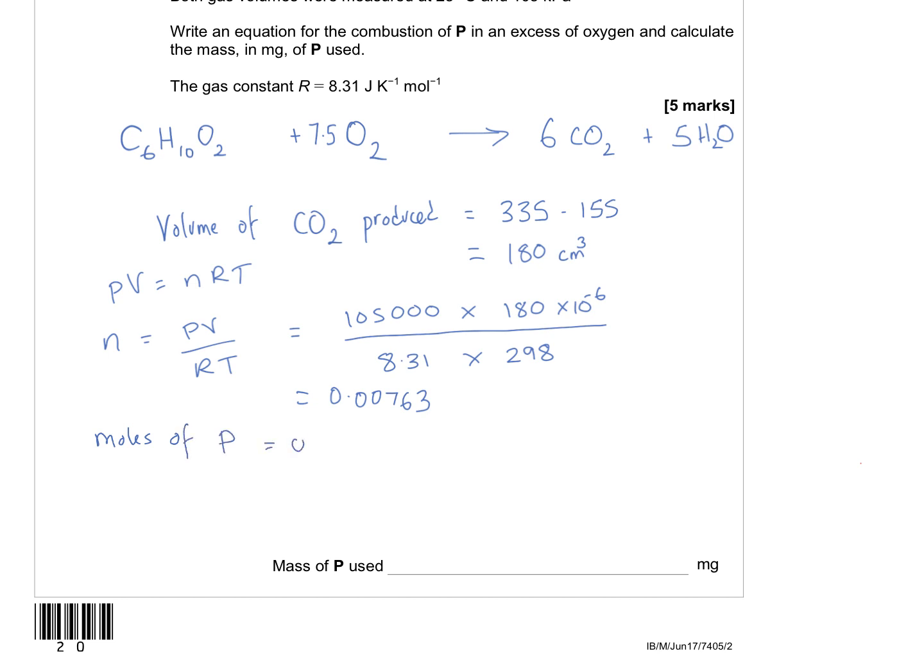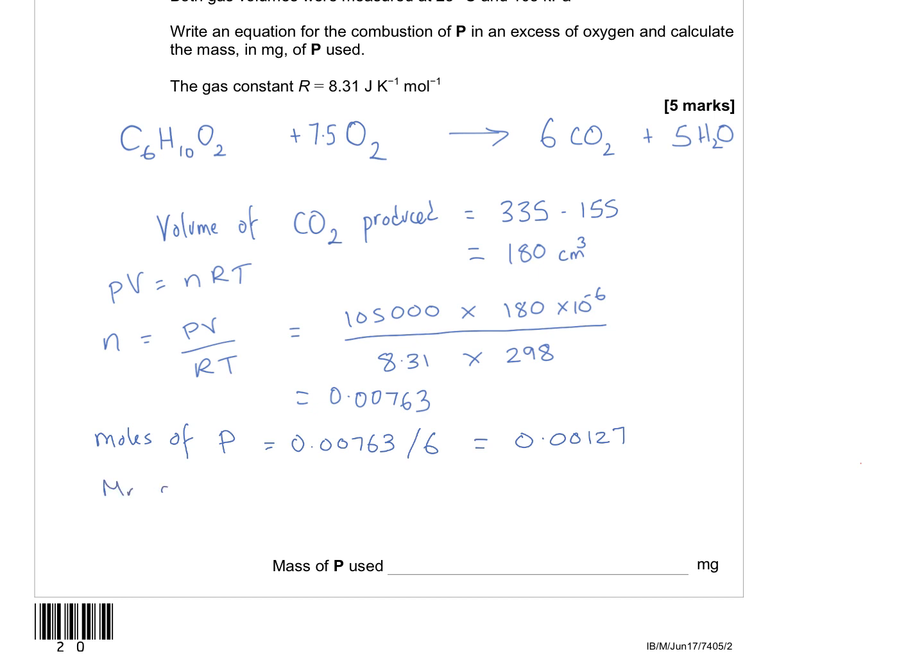So moles of P must be that divided by 6, because the moles of CO2 over 6 would give us the moles of P that we had at the start. So 0.00127.